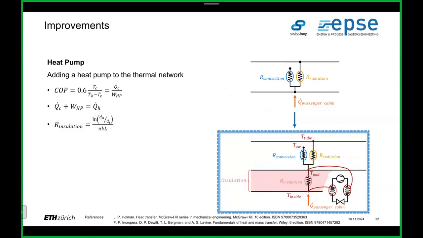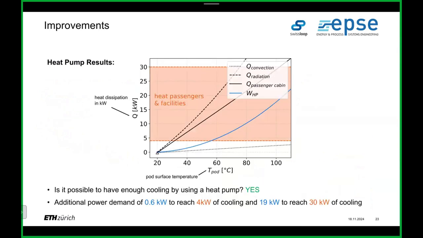And to describe the heat pump, I used these formulas. The first one is the coefficient of performance, which is 60% of an ideal heat pump. The second one is an energy balance. And the third is the thermal resistance of the insulation.